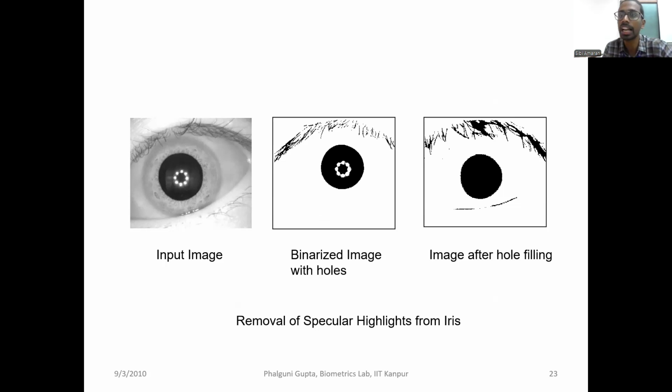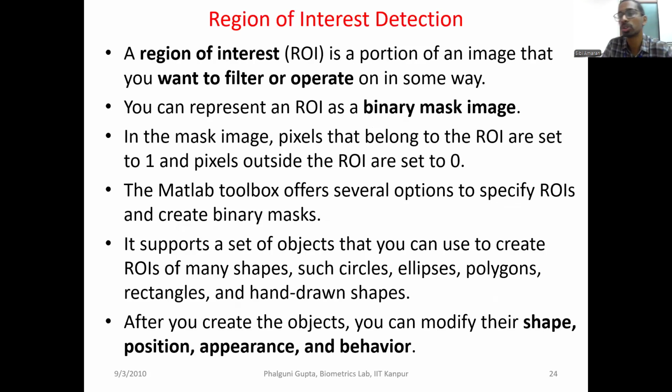For removing that, I'll be using the image degradation. There will be some formula for the image degradation, which we'll be discussing in a further slide. After applying the image degradation, that light particle in the retina will be removed. So this is the pre-processing and this is the post-processing.